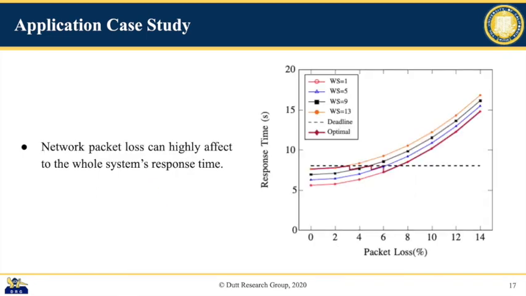Lastly, we can also see that packet loss can affect the whole system's result too. It's a graph of response time. WS means the window size. So if we assume that we have a response time deadline for the application, then this system has to move like a lead line dynamically. Our platform's controller can support this dynamically.